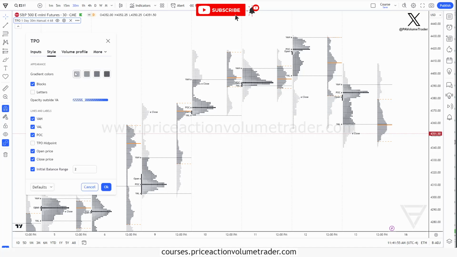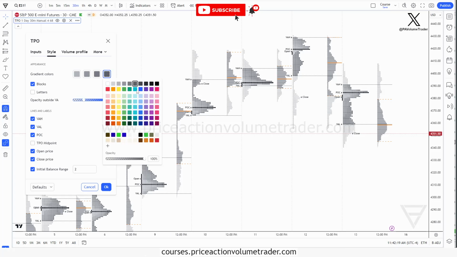Let's go into style. Gradient color. This is basically, if you start from left to right, this is at the open of the day, and as the day progresses, it's going to start shifting to the next color. If you want to do just a single color, you can set all this the same, but I like to have it just from lighter to darker.